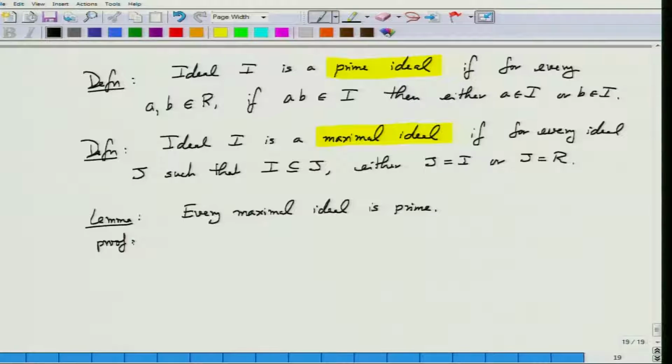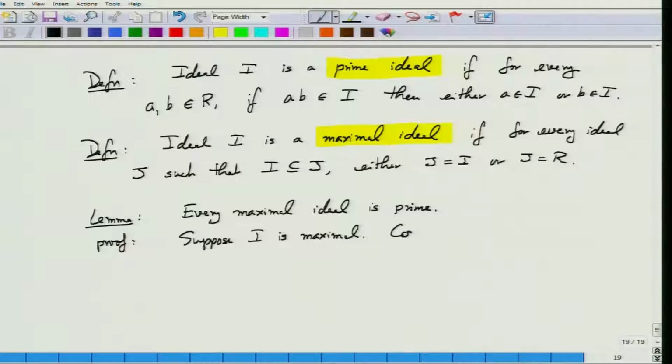And this is good to know because this tells us that our definition of prime ideals is a more general one than the initial one that I gave. It encompasses more ideals. So why is every maximal ideal prime? Well, suppose I is maximal. And we want to show that I is prime.